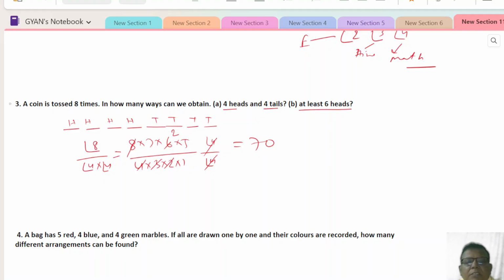At least 6 heads. At least six heads means 6 heads, 7 heads, 8 heads. So 6 heads and 2 tails, or 7 heads and 1 tail, or 8 heads.